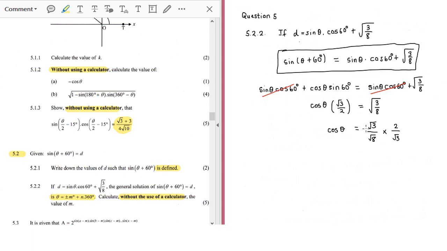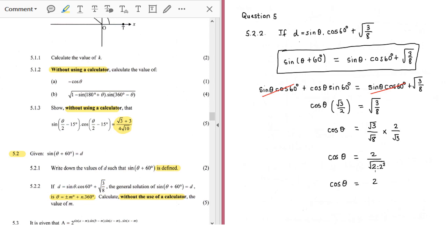Now the 3's cancel out, leaving us with the cosine of theta is equal to 2 divided by the root of 8. We can rewrite that as 2 times 2 squared.